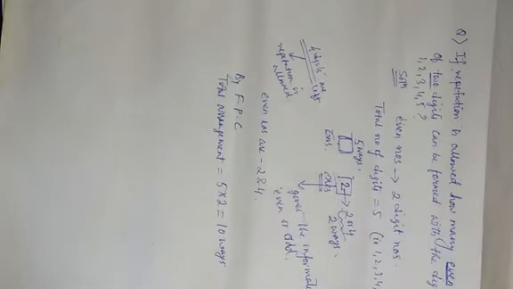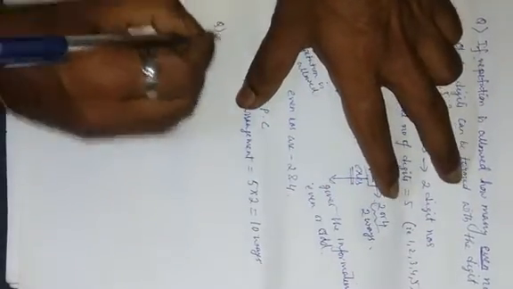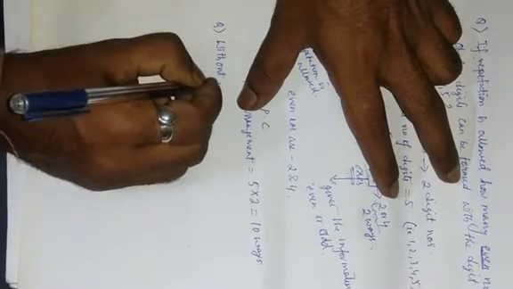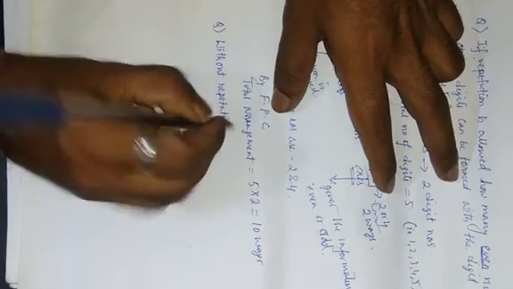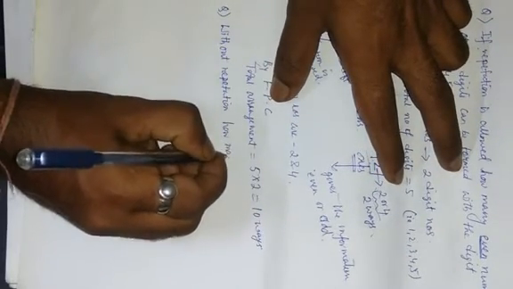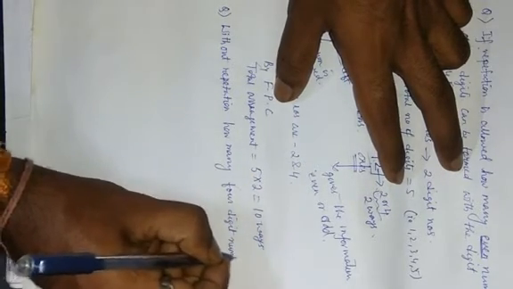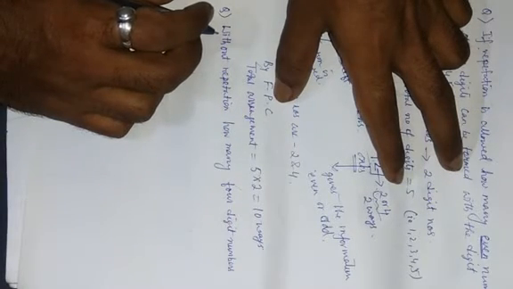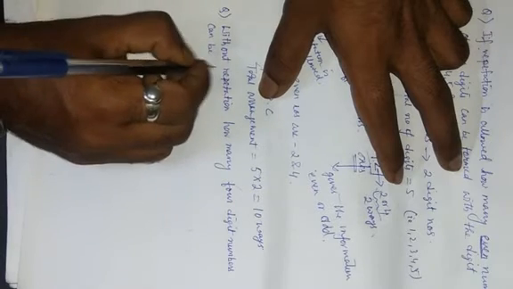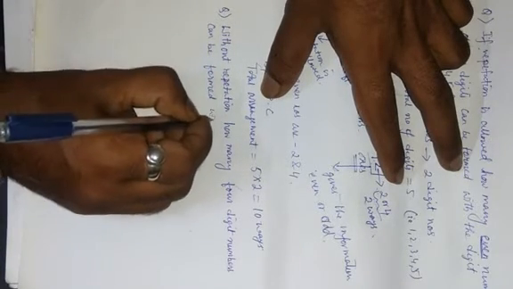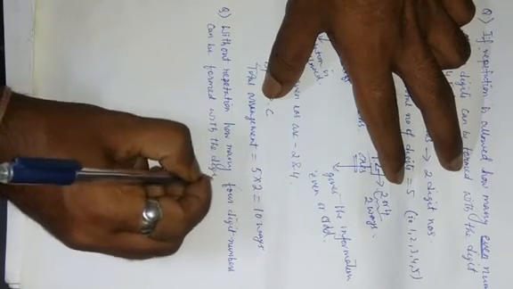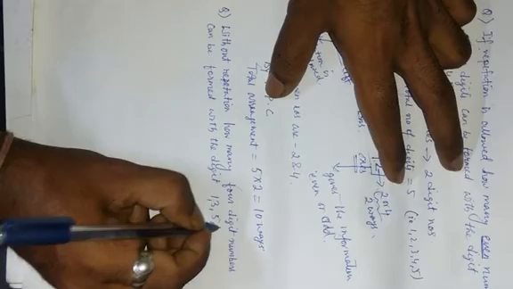Same type of question. Without repetition, how many 4-digit numbers can be formed with the digits 1, 3, 5, 7 and 9.